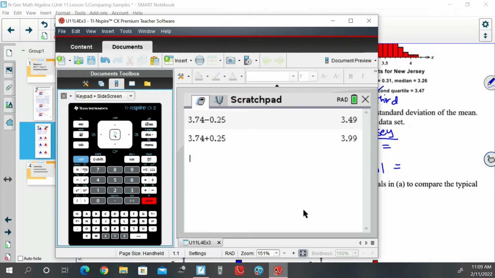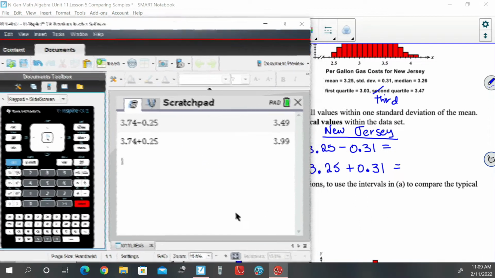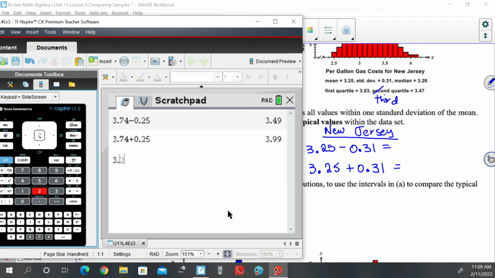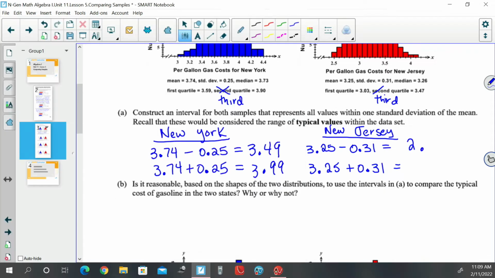And likewise now for New Jersey, we've got 3.25 minus 0.31 and 3.25 plus 0.31, and that's 2.94 to 3.56.